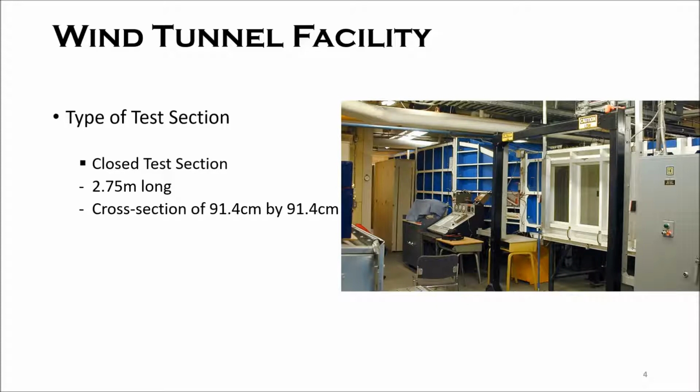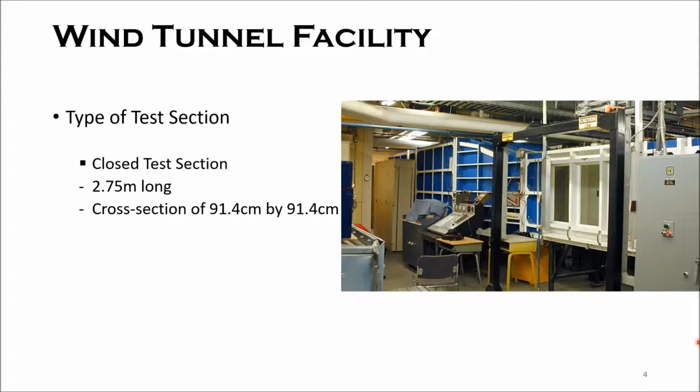It allows for the installation of an external load balance on the roof of the test section as well as mounting supports for the model. The use of a closed test section with a flat floor also allows for models to rest on the surface if required. Closed test sections pose a few challenges, including constraining the airflow. This produces additional effects on the flow field, which may skew the test results of the model.